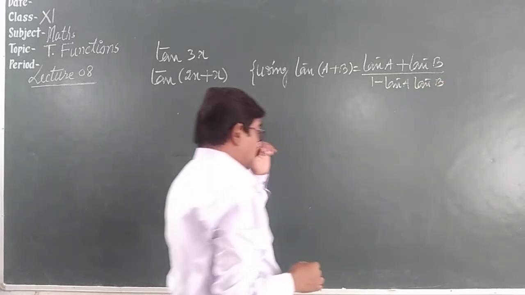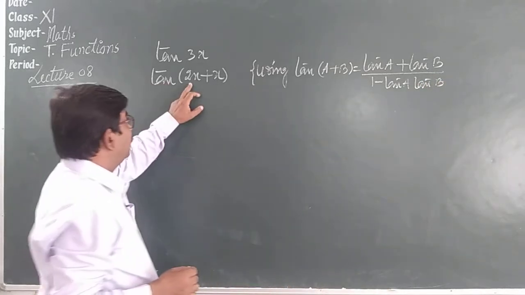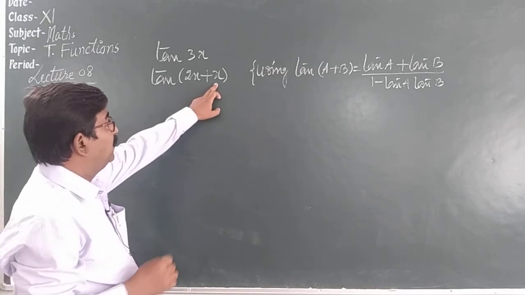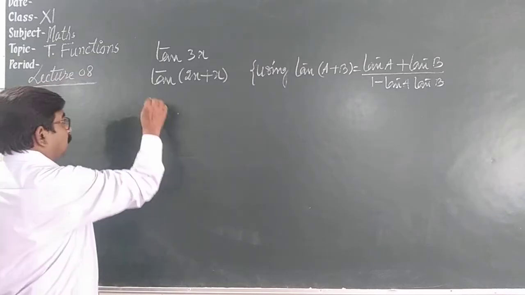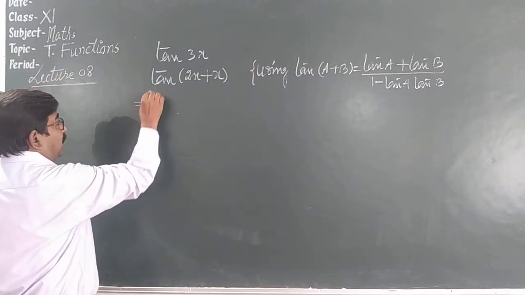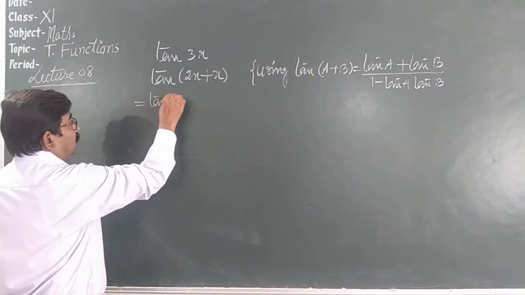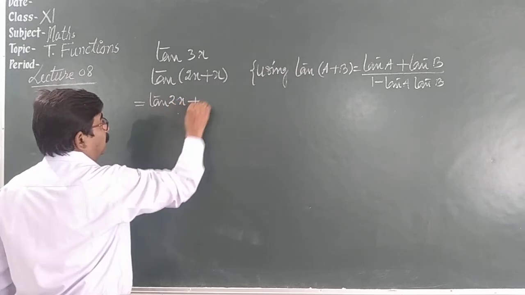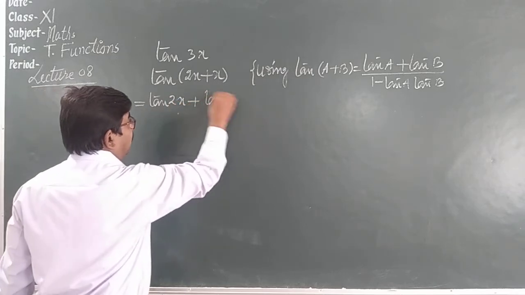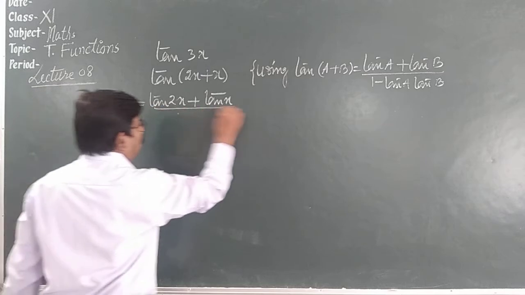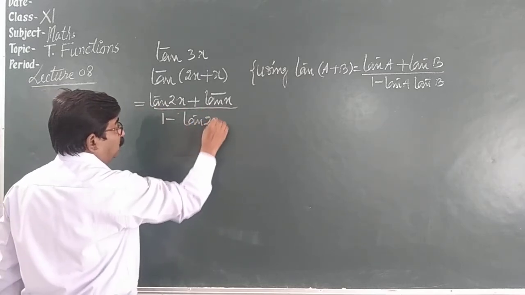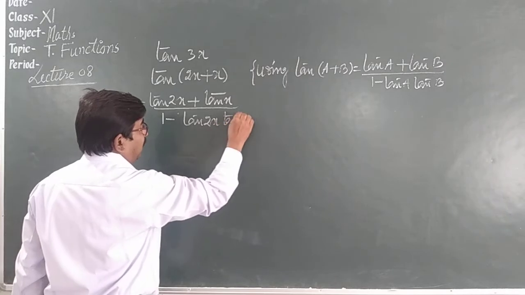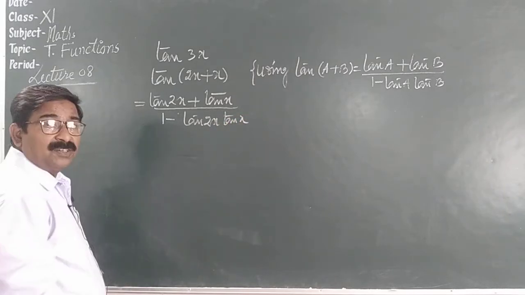Remember, in place of a we have 2x, in place of b we have x. So we just have to put the values. See, we are writing tan 2x plus tan x upon 1 minus tan 2x tan x. Got it?